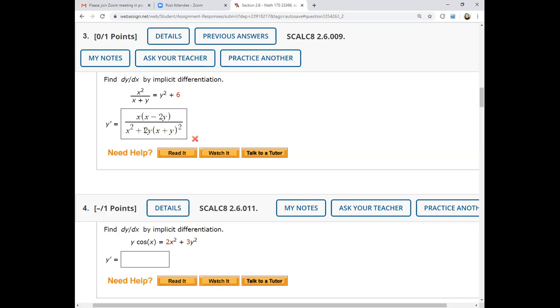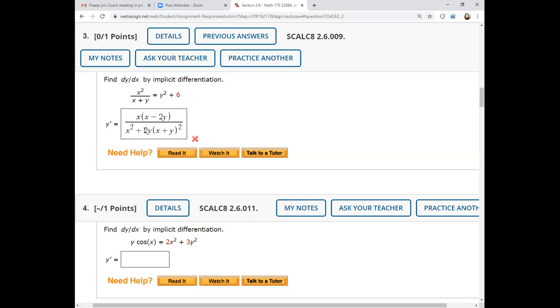I'm sure it must be some algebra mistake that I made somewhere. X plus y squared, unless it's on the bottom somewhere. Let me move on from there. See what I did.